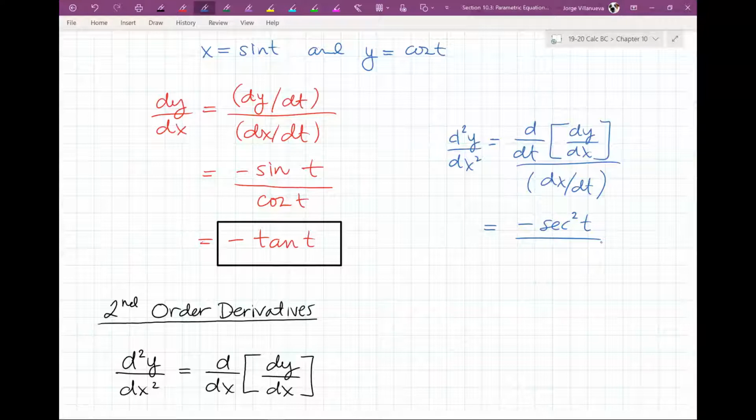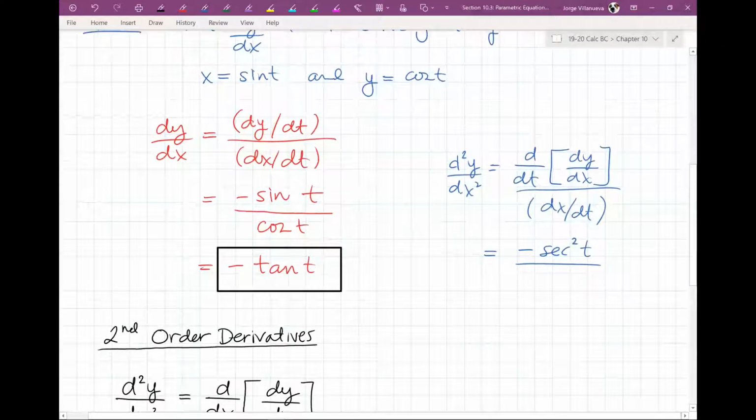Get it? So my dy/dx was already done, so I get that, and I just take a derivative of it, so there it is. Then I divide by dx/dt. Well, dx/dt, that's sine of t, so the derivative for sine would be cosine of t. Now at this point, I'm not really sure what we can simplify, but this would be 1 over cosine squared t times 1 over cosine of t.